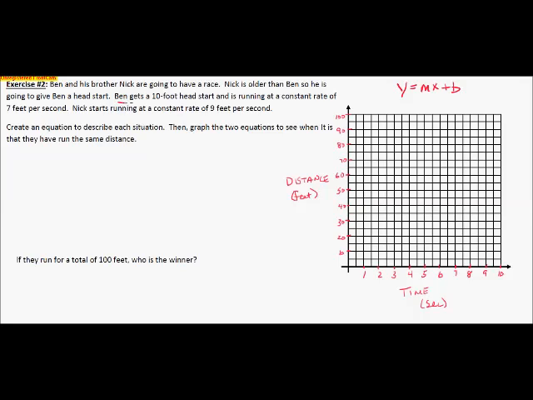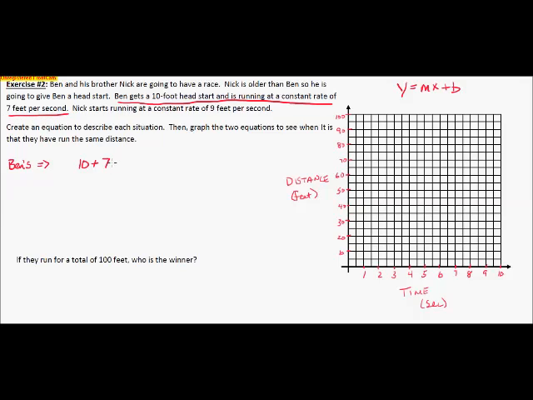So let's take this part and try to create an equation about what's going on here. We know that he's going to get a 10-foot head start. So let's do Ben's equation right here, and he's going to be ahead of Nick for 10 feet when they start, and he's running, so we're going to add a constant rate of 7 feet per second, just like in the last one it was per month.